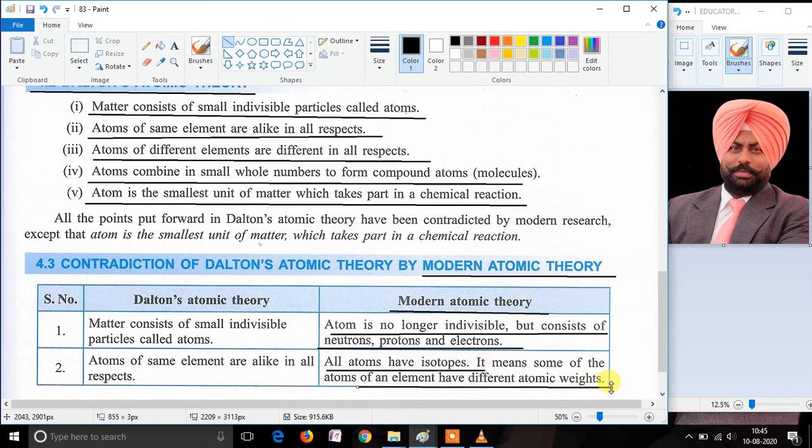While we have seen in Dalton atomic theory that the same element has atoms of the same chemical properties, the modern atomic theory says that the same element can possess atoms which have different chemical properties.